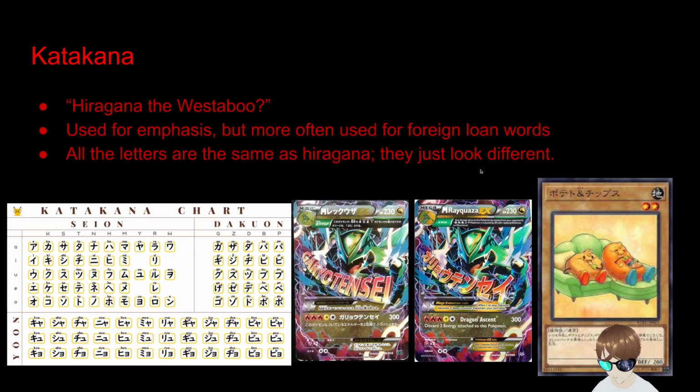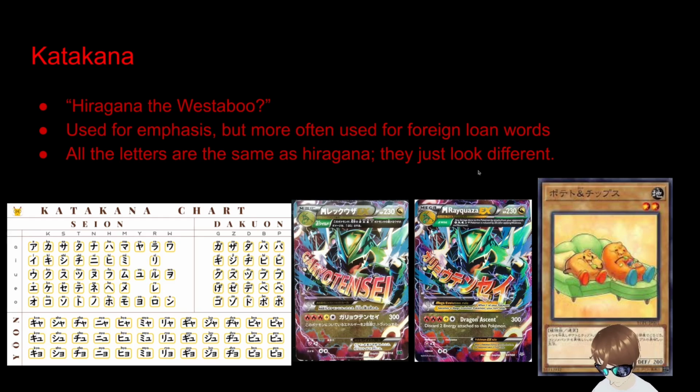This is the part that is pretty much the same as hiragana. Left, right. Okay, there. Hiragana, the Western alphabet, it's not actually like that. Well, actually, no, this one is.